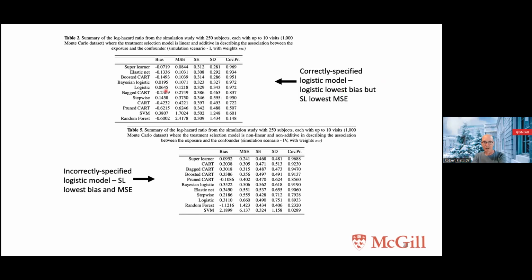And in fact, ordinary logistic regression or Bayesian logistic regression give very small bias and very small mean squared error in a simulation study. Superlearner actually gives slightly better mean square error at the penalty of a little bit of bias.